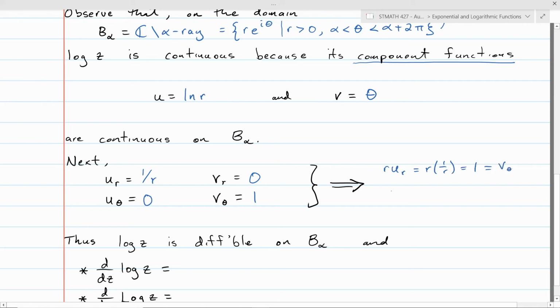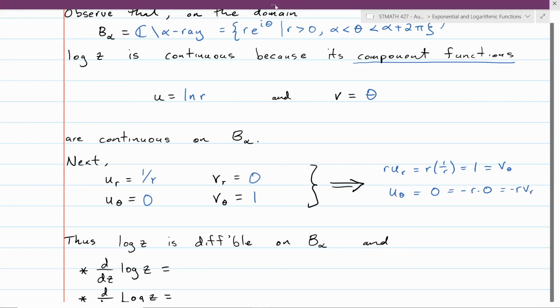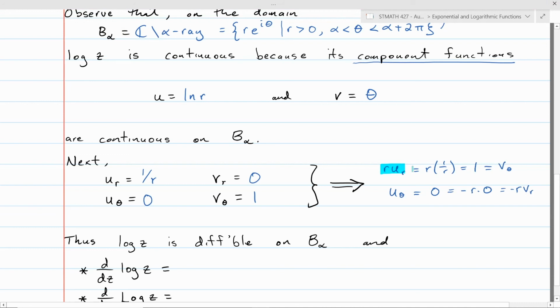And if we look at u sub theta, that's equal to 0. But that's certainly equal to negative r times 0, or in other words, negative r times v sub r. So the point is, here's the Cauchy-Riemann satisfied: r u sub r equals v sub theta, and u sub theta equals negative r v sub r.